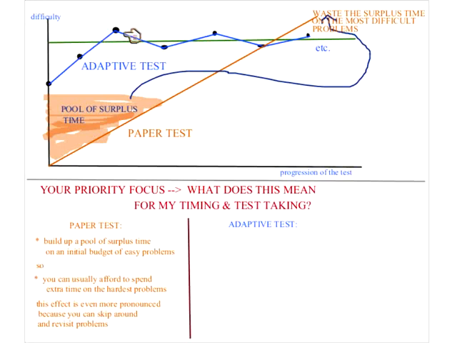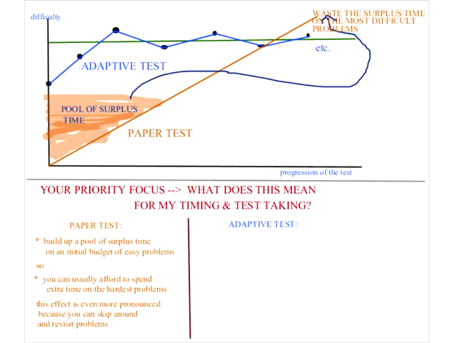Again, when you look at this graph, it's not the graph itself that you're thinking about. It's what does this mean? Notice the first thing is that there's basically no pool of surplus time, because you start out at middling difficulty levels, and it very quickly gets to know you and starts throwing problems at you that are difficulty appropriate.